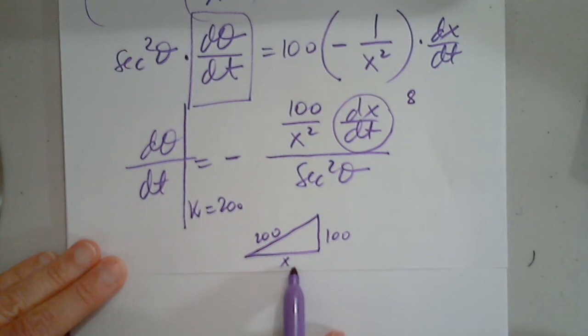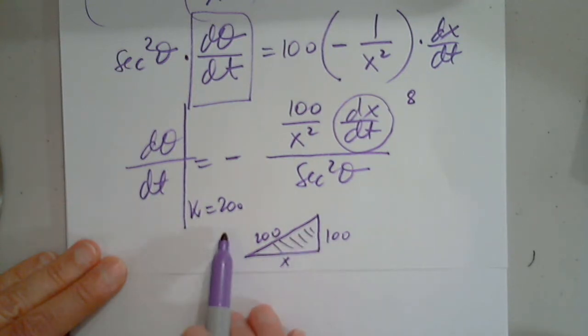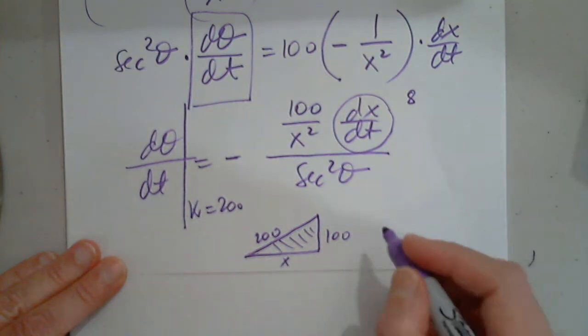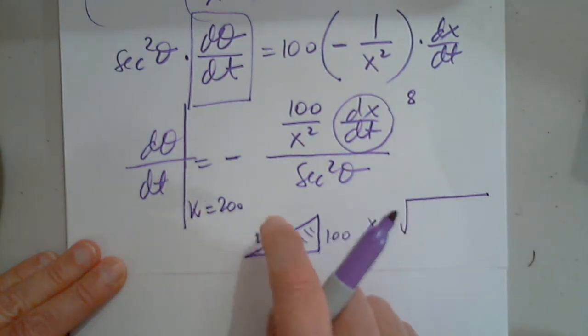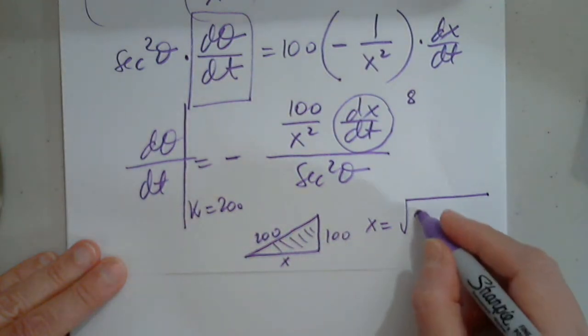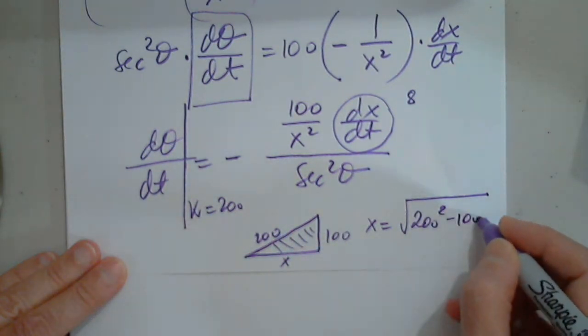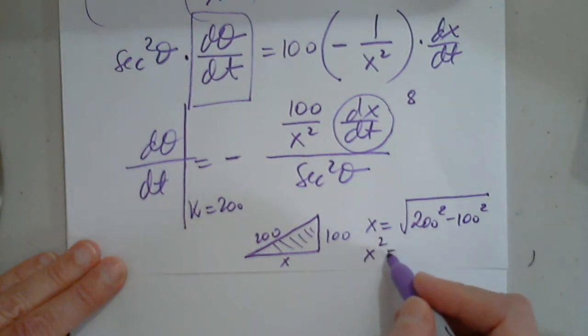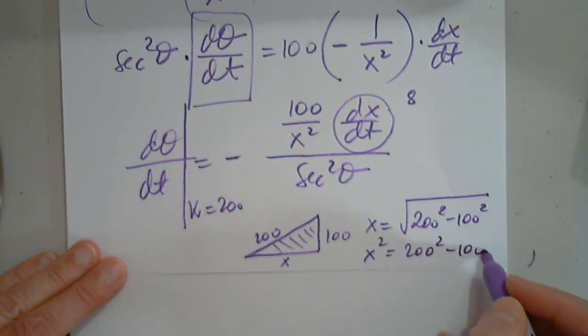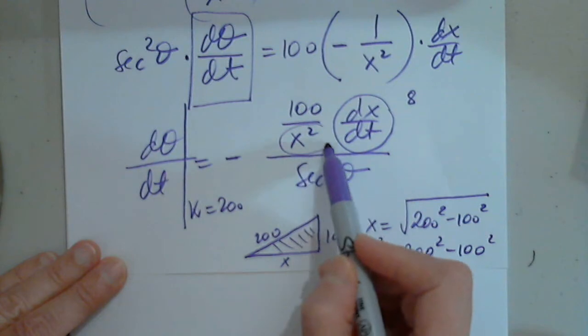X squared has to be determined using the Pythagorean theorem, 200 squared minus 100 squared, right? So x equals the square root of the hypotenuse squared minus the leg squared. So that would be this. Or since I really need x squared, I'm just going to say 200 squared minus 100 squared, and that solves this.